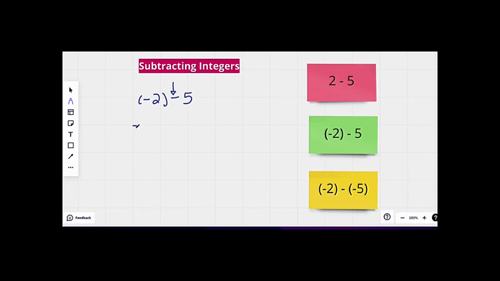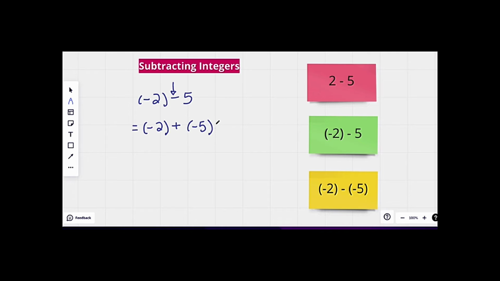Okay, so our next step is our negative 2 stays the same. We don't do anything to it. But our operation sign changes to a plus. And also the number on the right changes to the opposite sign. So we said it's a positive 5, so it becomes a negative 5.